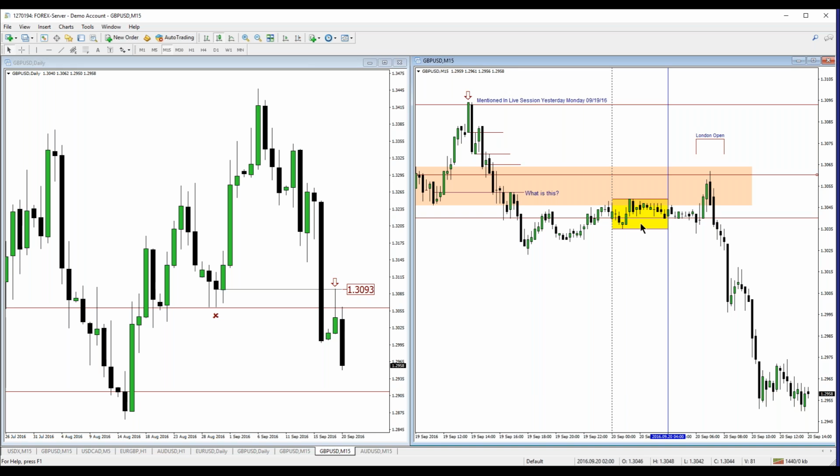When you understand the Asian range, and you're in a 15-minute time frame, you need to do this only in a 15-minute time frame. Do not try to apply this to all other smaller time frames, but in a 15-minute time frame, you want to delineate the range based on the bodies of the candles. Do not use the wicks. Now, between 8 o'clock in the evening and midnight, New York time, this is the Asian range, and what I do is I define it by the actual bodies of the candle.